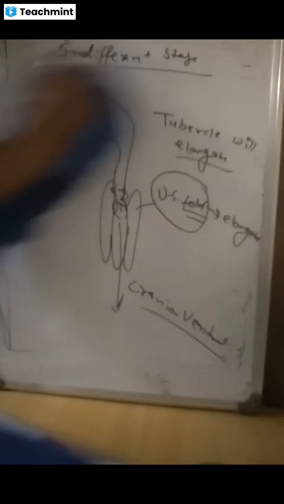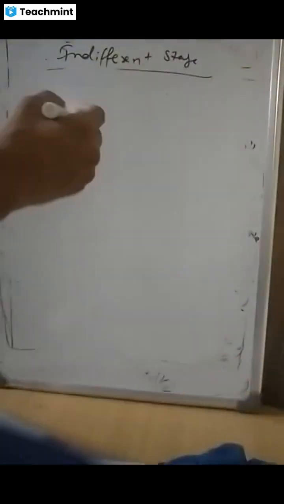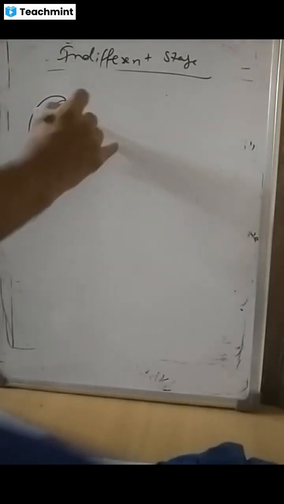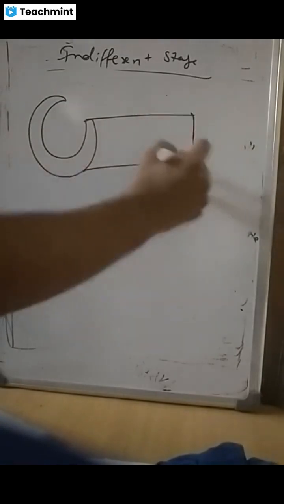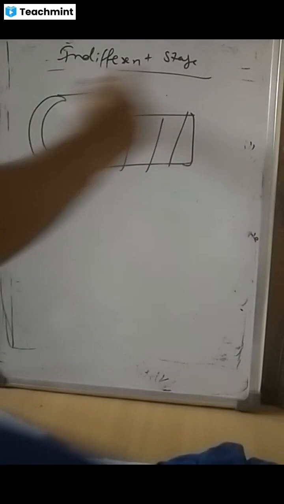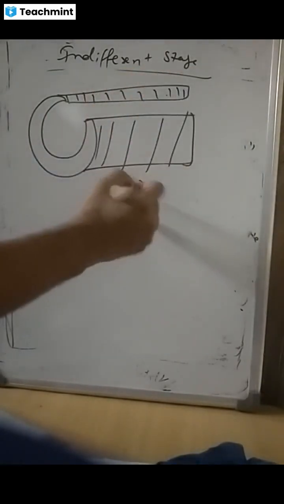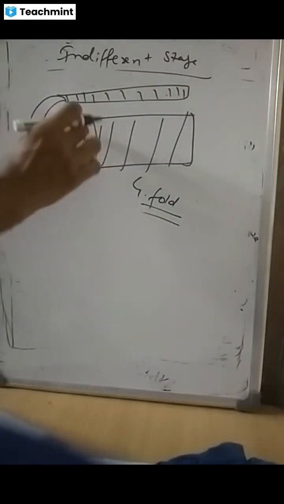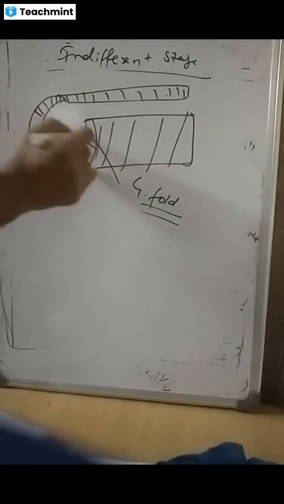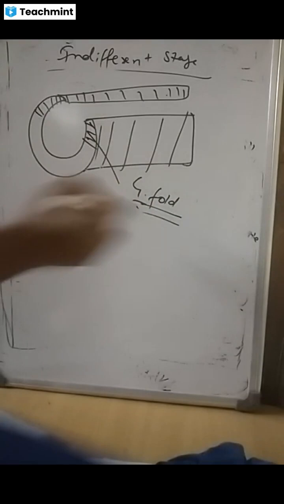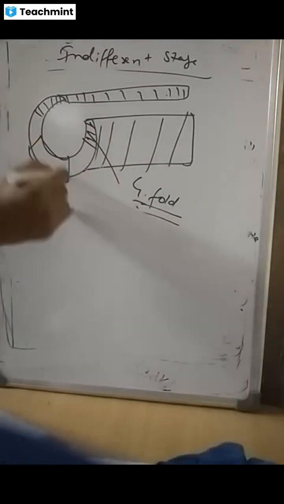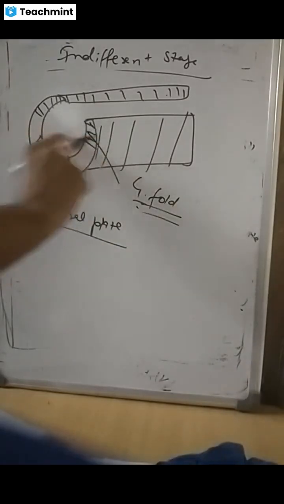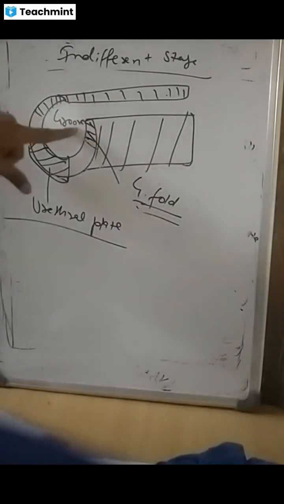So what happens? These two on the side are the genital folds. This is known as the urethral plate, opening as the groove.